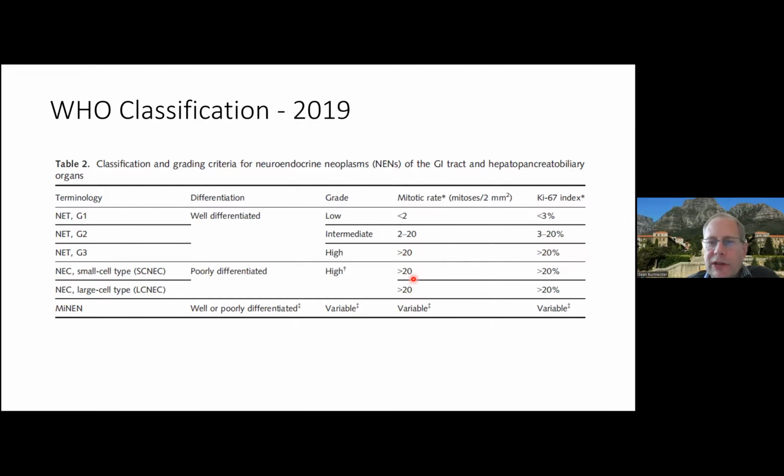When you get into the 60, 70% range, that's usually where we are talking about neuroendocrine carcinomas, either small or large cell types. And lastly, just remember that there are uncommon mixed neuroendocrine neoplasms, which can be both well or poorly differentiated tumors with variable other characteristics.